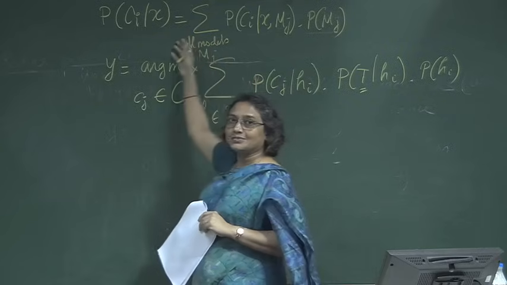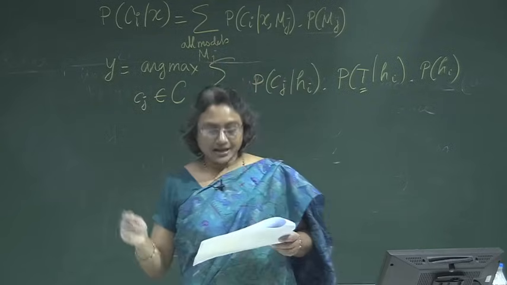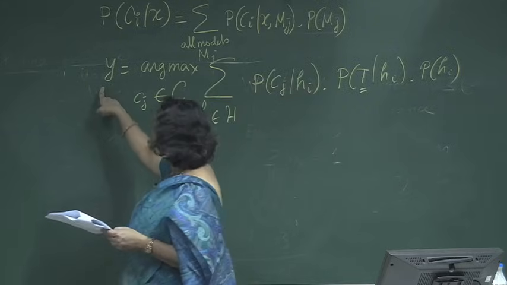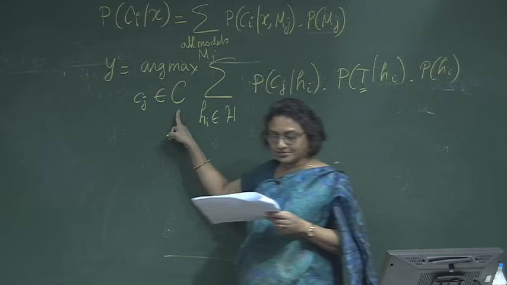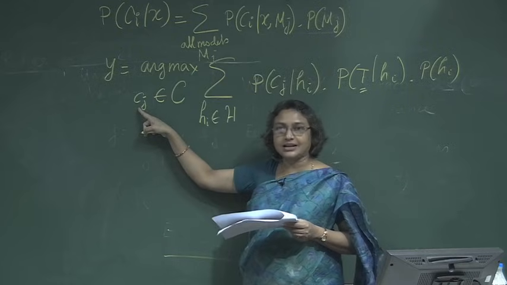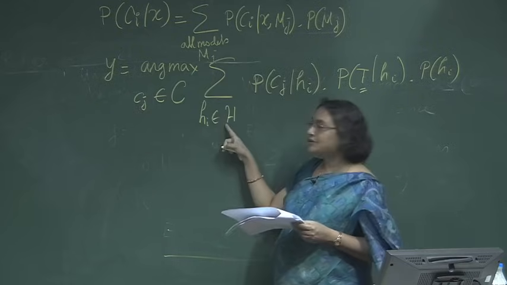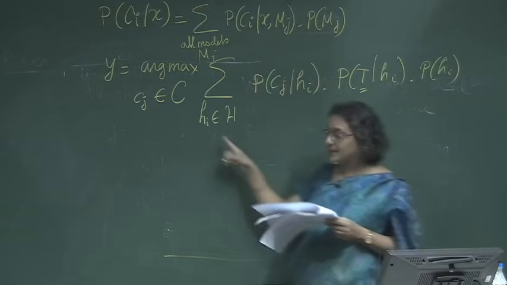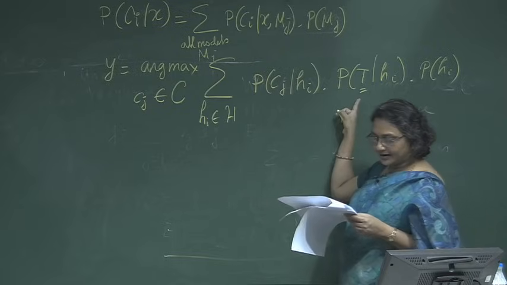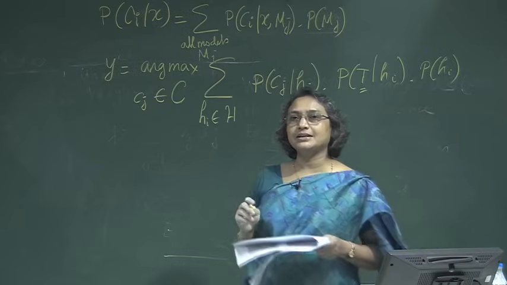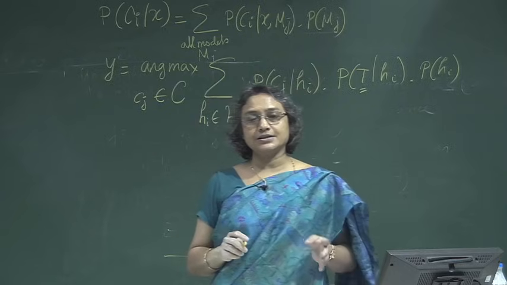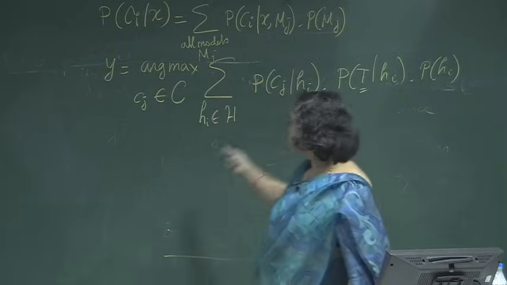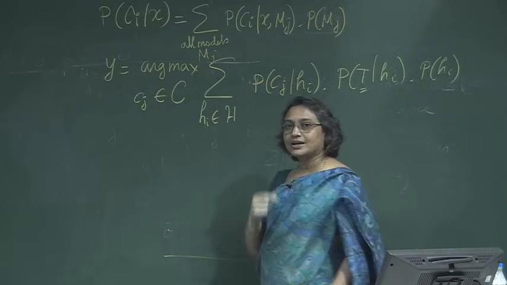So, when you apply the Bayes model to classification, this is the expression that you get, where y is the predicted class, C is the set of all possible classes, and Cj is a particular class, C1, C2, etc. Capital H is the hypothesis space, Hi is one element of the hypothesis space, T is the training data. So, the Bayes optimal classifier will represent a hypothesis, and this hypothesis is not necessarily in the hypothesis space H. When you combine these hypotheses, you get a new hypothesis.